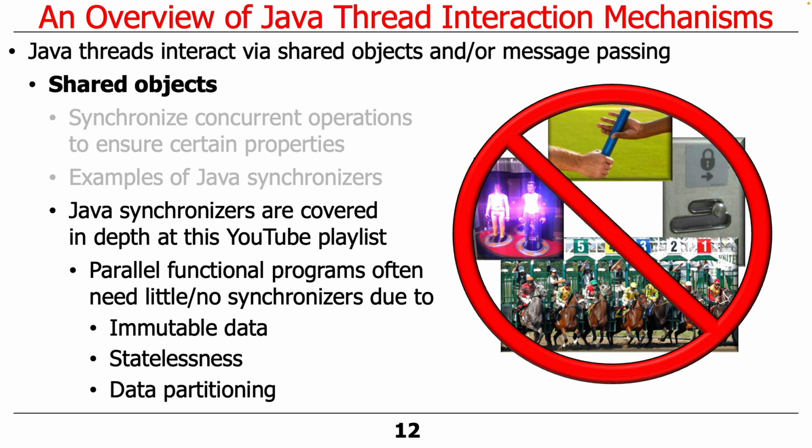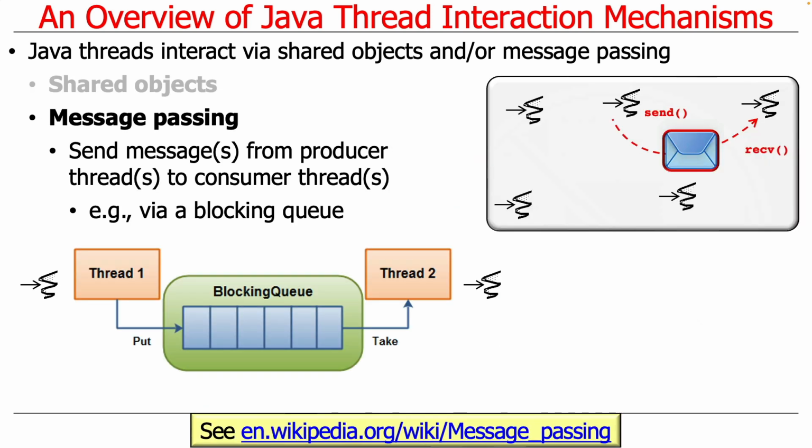So one thread will deal with one portion of the data, another thread will run in parallel dealing with a different portion of the data, and so you split things up in a way where there is no need for sharing and no need for synchronization. So those are some of the ways in which we are not going to have to worry about this stuff, because we're doing parallel programming, parallel functional programming, not concurrent programming.